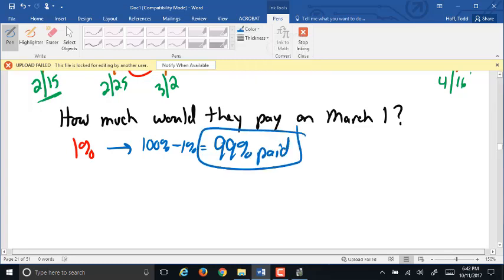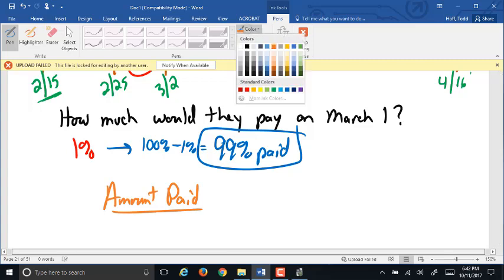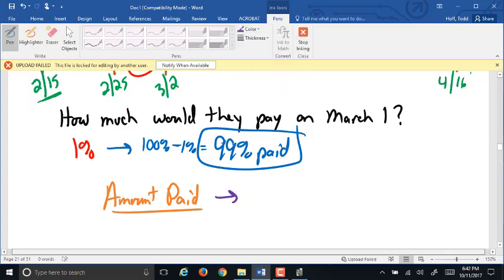So the amount paid is going to be the invoice amount times 0.99. That is the complement of the discount.